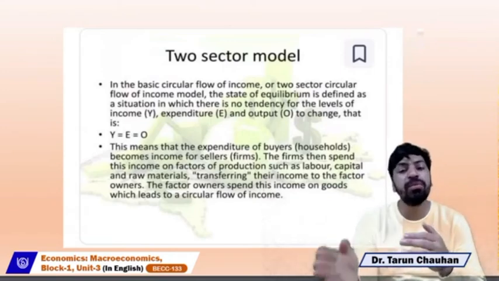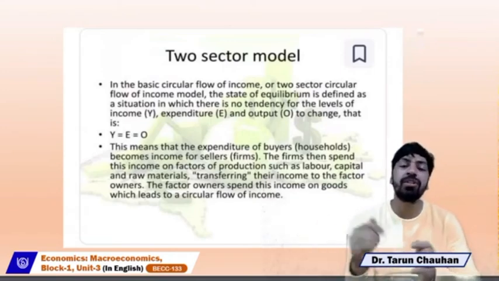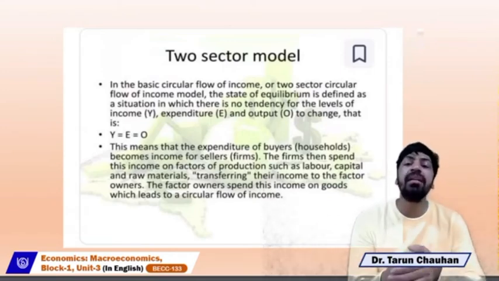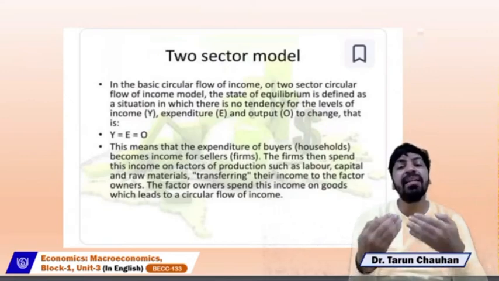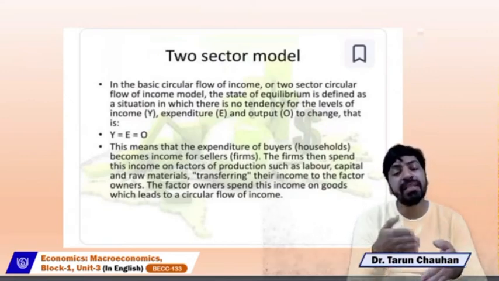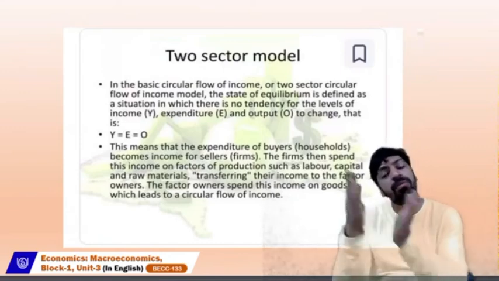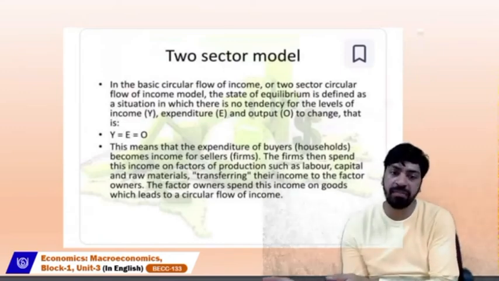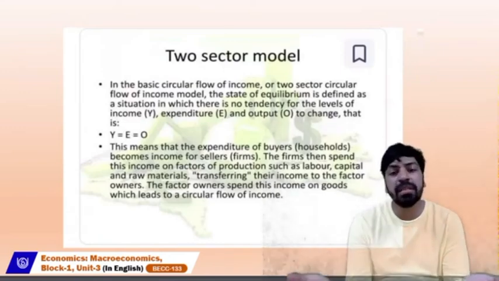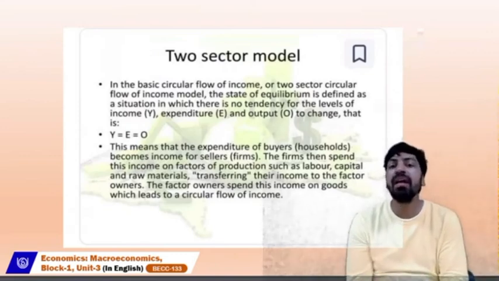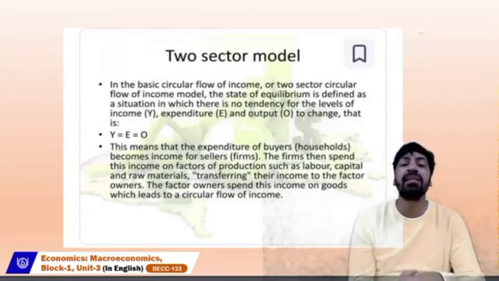First, to provide the four factors of production to the businesses, and second, whatever income they get, they use to buy goods and services from those businesses or firms. So this is called the circular flow of income in the two-sector model.